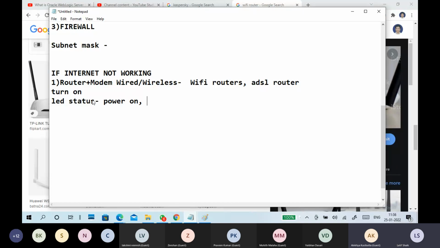If it is DSL or ADSL, check the DSL light, and whether the WAN light is blinking or not. Is the internet LED blinking? Is the Wi-Fi LED blinking? If you are connected to any LAN network, are LAN1 and LAN2 blinking or not?